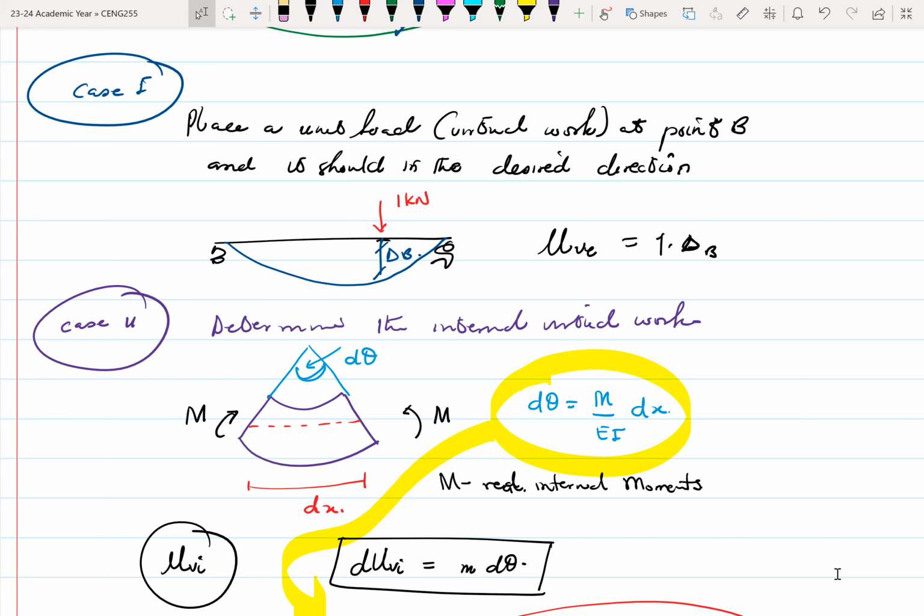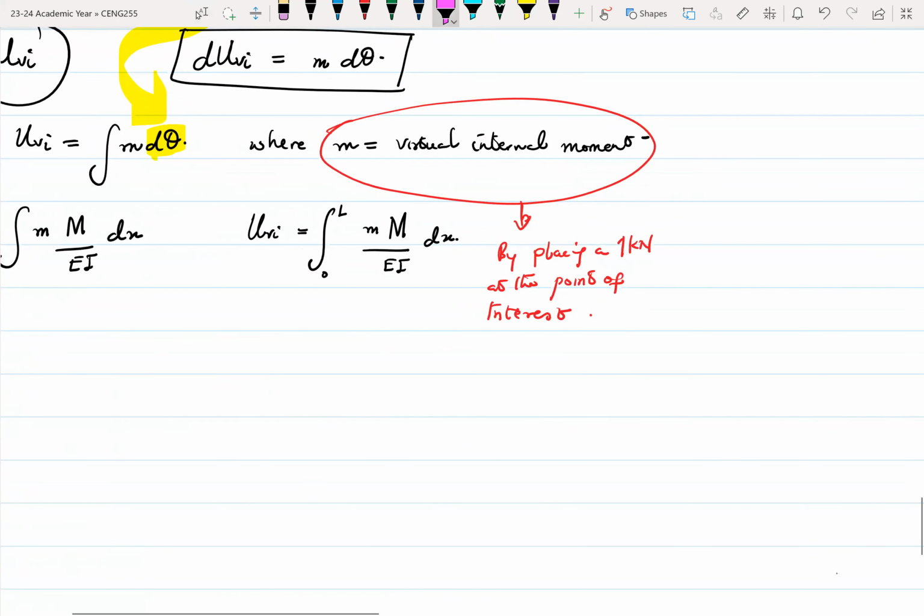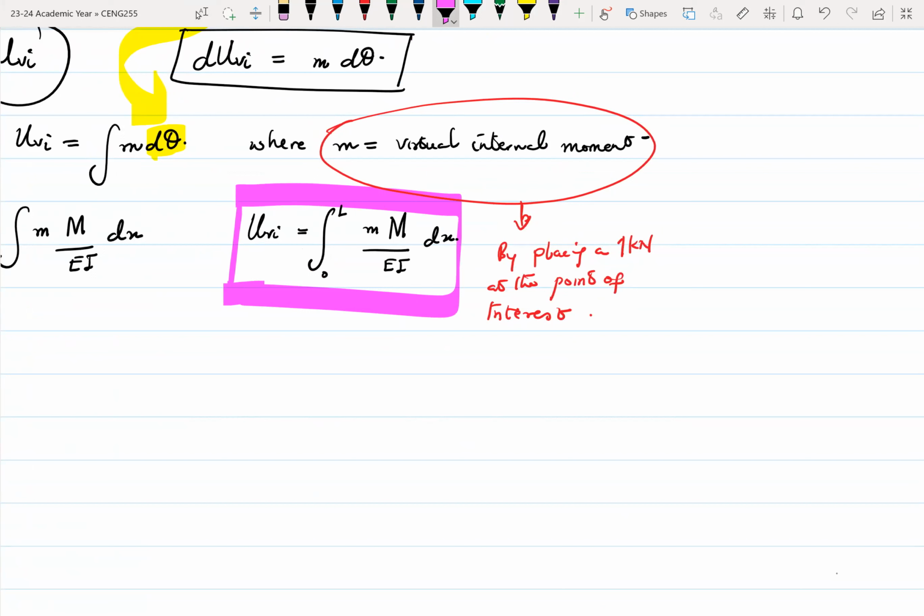So this equation here will be our equation for finding displacement in beams, or in beams and frames.